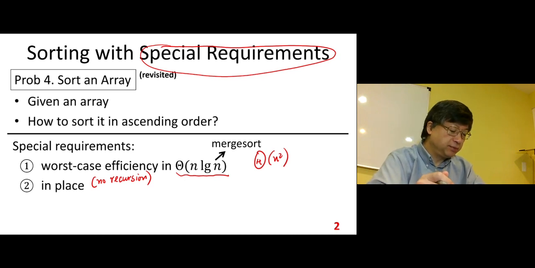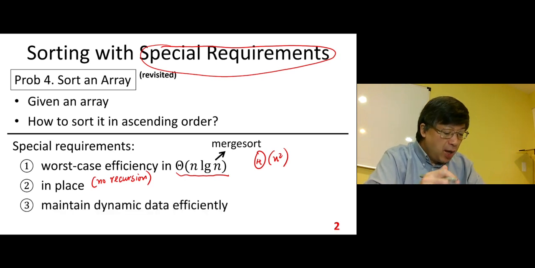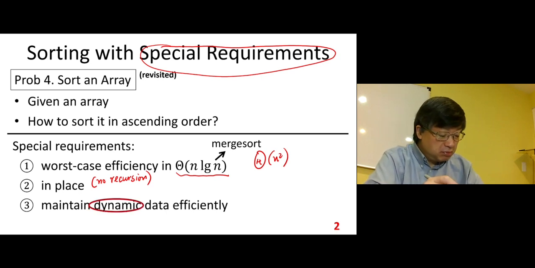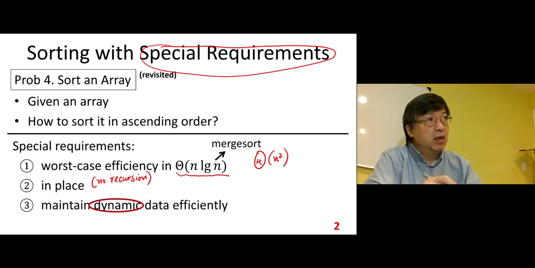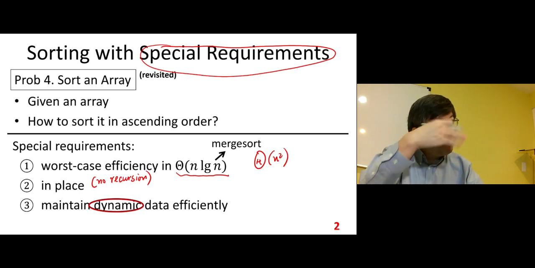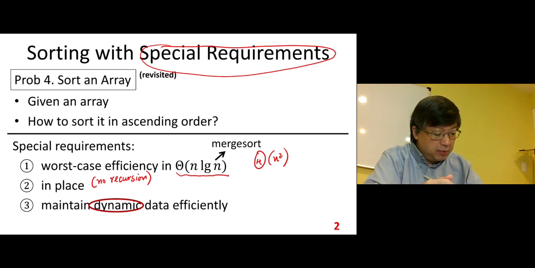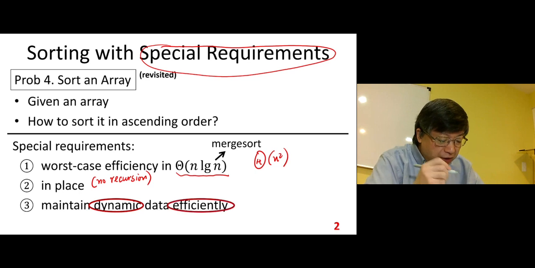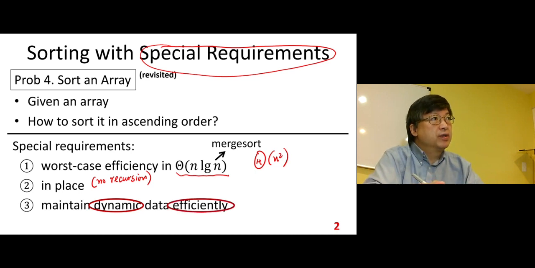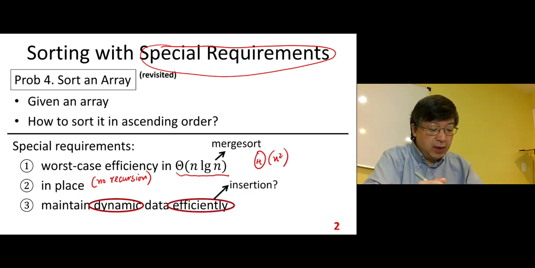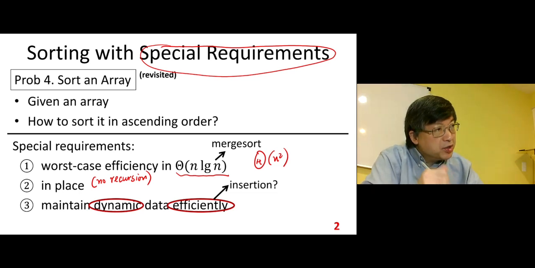Requirement number 3, maintain dynamic data efficiently. Dynamic data: data keeps coming in dynamically, so you need to add your new data in an efficient way. What do we mean by efficient?